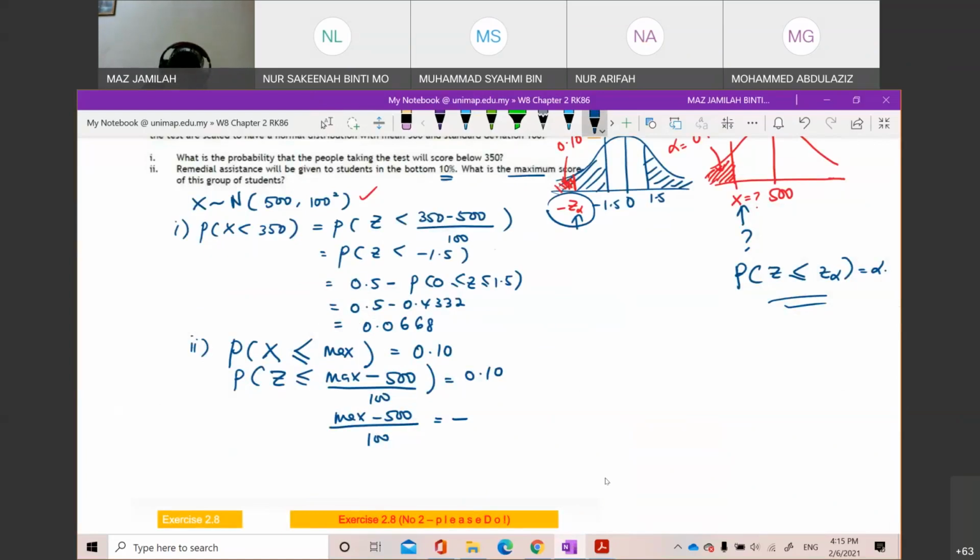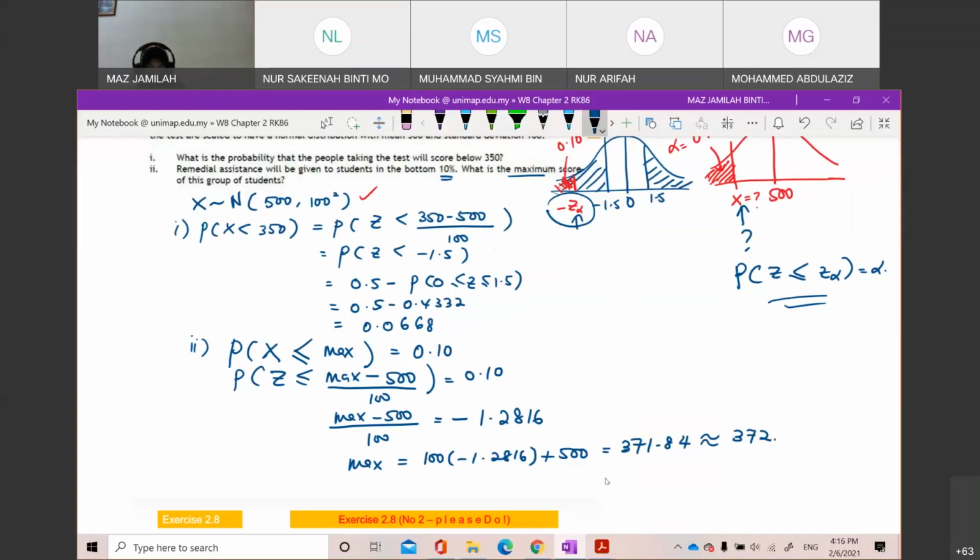So negative 1.2816. Now you can solve for max. Max is equal to 100 multiplied by negative 1.2816 plus 500, and if you solve this, the max value is 371.84.